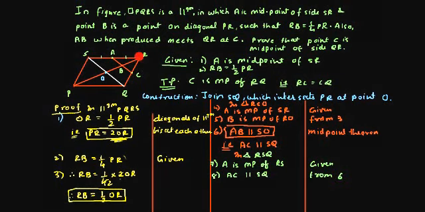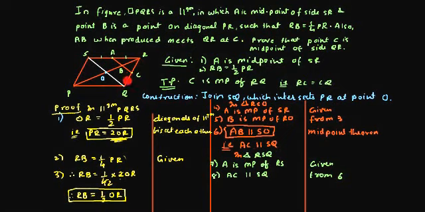Refer the diagram. In triangle RSQ, A is midpoint of SR, which is given. That's what we wrote. And AC is parallel to SQ, which we proved.